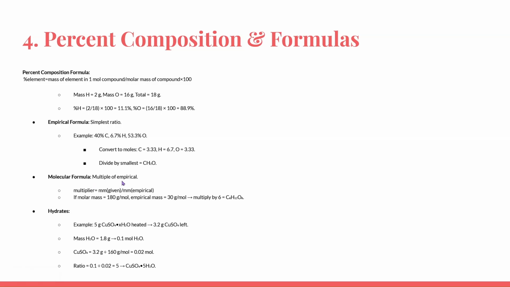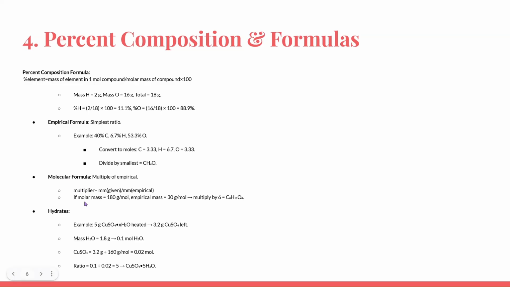So the multiplier equals molar mass given divided by the molar mass of the empirical. And usually you're given the molar mass of the actual molecular formula, and then you can find out the multiplier and apply the multiplier to the empirical formula to get the molecular formula.